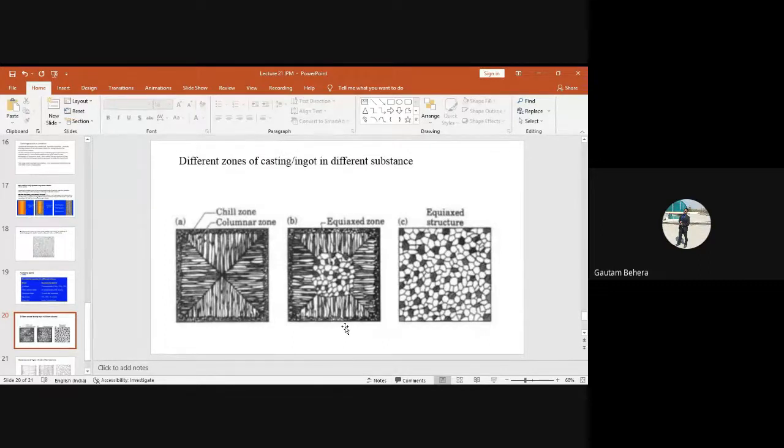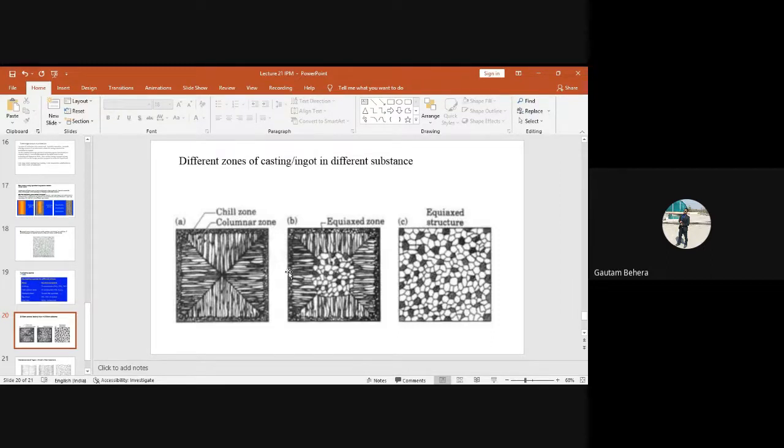Okay, fine. If you have an equiaxed grain structure, then what will happen to the property? The entire body will have which kind of property? Isotropic? Yes or no? Yes, sir. Right? But what is the problem in these two? In these two cases, you have different grains. Initially, along the mold wall, we have small equiaxed grains. Then we have long columnar grains.